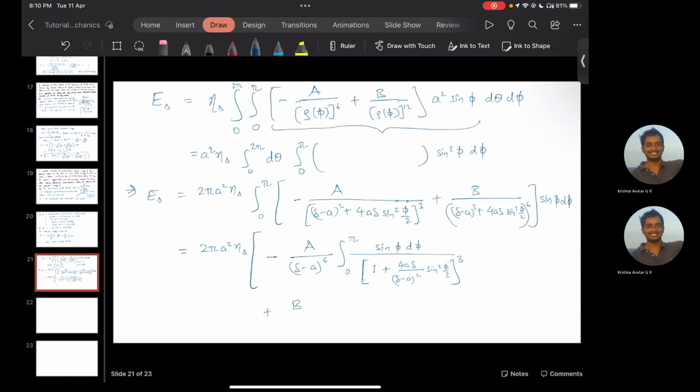Plus b by, we'll carry out a similar operation, del minus a to the power 12, 0 to pi, and then you have sine phi d phi divided by the same kind of term to the power.